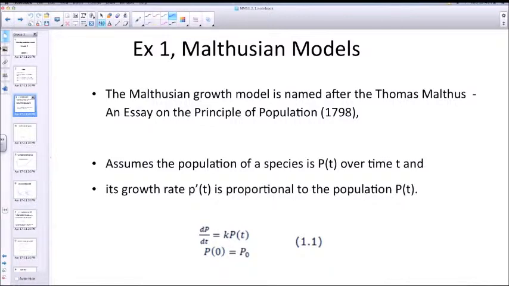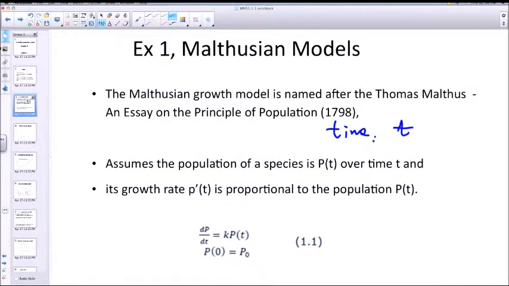So in this model, we assume the population changes over time, so it's a function of time. You can think about the population of human beings in the world, or a population of a colony, or even the population of some ants, bunnies, it doesn't matter. It changes over time.